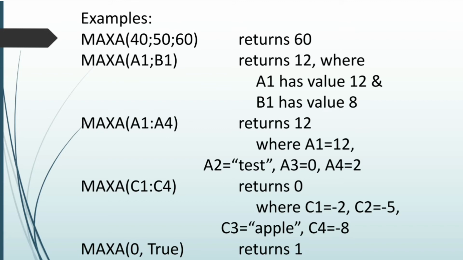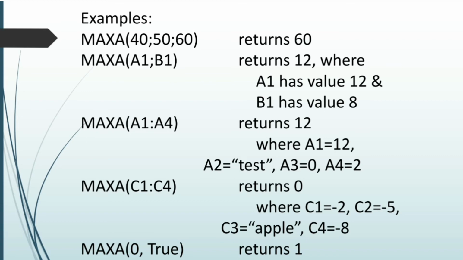MaxA A1 colon B1 returns 12, where the value of A1 is 12 and B1 is 8. Out of these two, 12 is larger. MaxA A1 colon A4, meaning the range from A1 to A4, returns 12, where A1 is 12, A2 is test, A3 is 0 and A4 is 2.